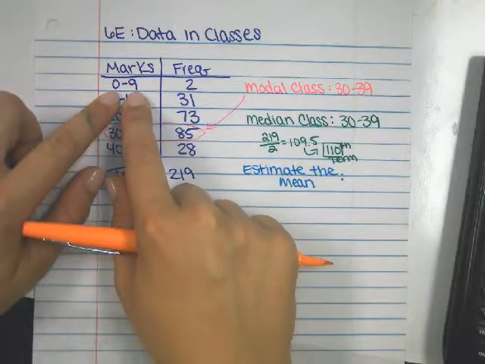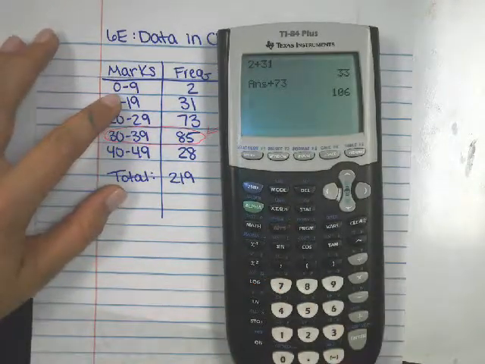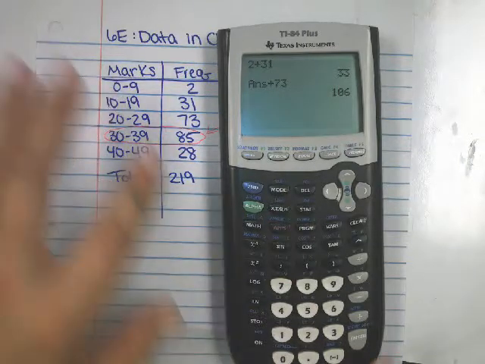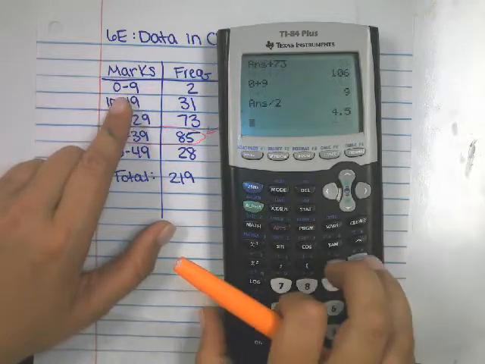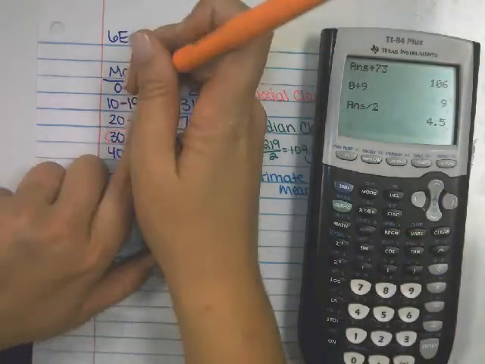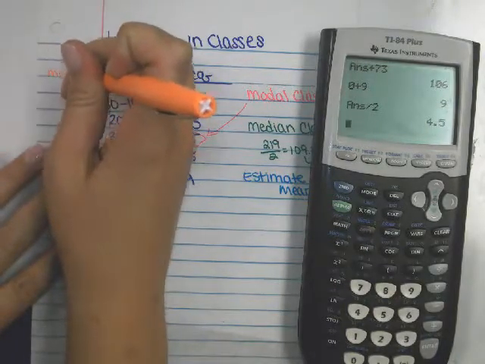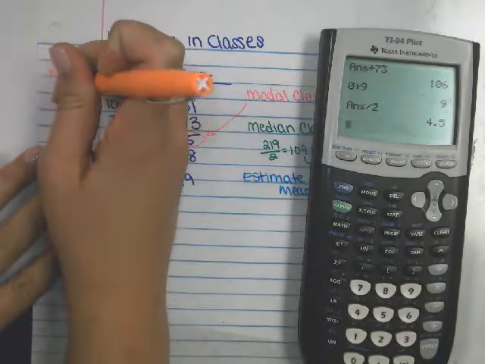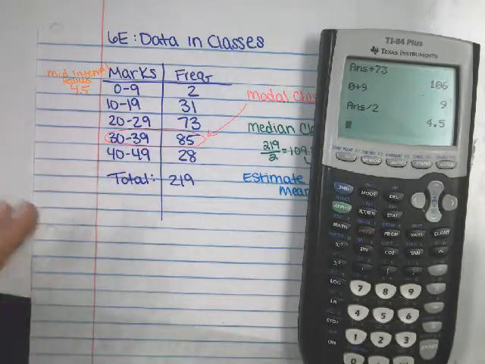So what number is directly between 0 and 9? Well, that is an average. When you're asking that question, you're finding an average. So 0 plus 9 is 9, divided by 2 is 4.5. So our mid-interval value for the first category is 4.5.